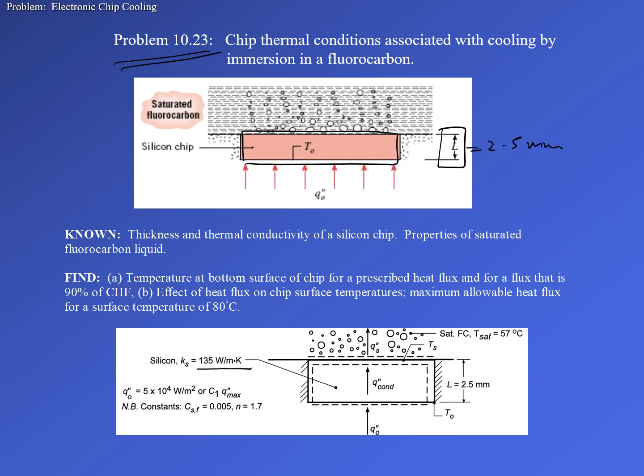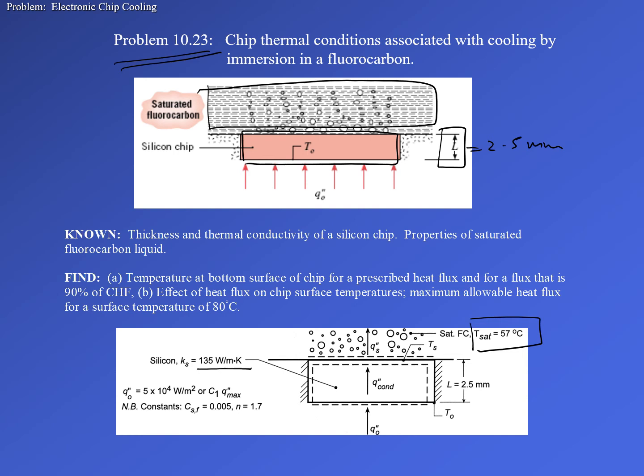And this chip is cooled using a saturated fluorocarbon liquid, which is this liquid above the chip, and it has a saturation temperature of 57 degrees centigrade. Like water has a saturation temperature of 100 degrees centigrade, this fluorocarbon has a saturation temperature of 57 degrees centigrade.